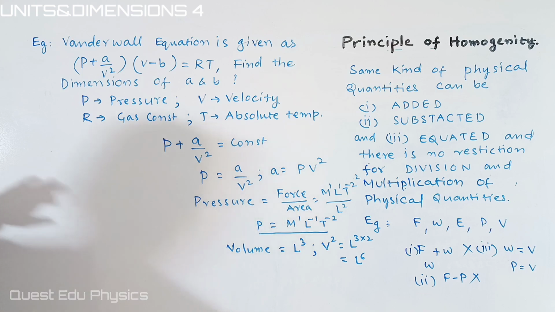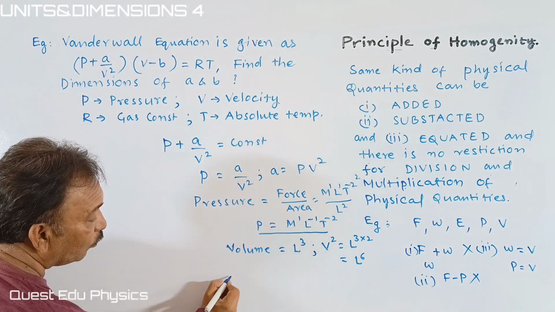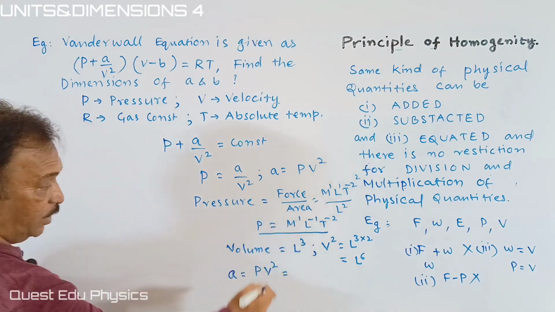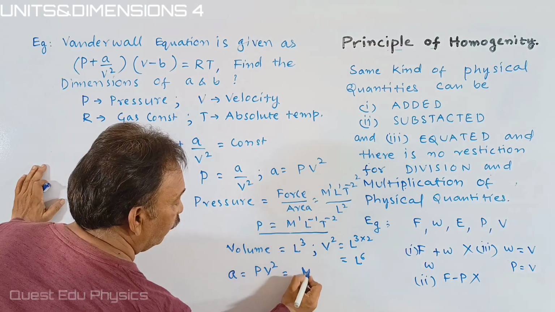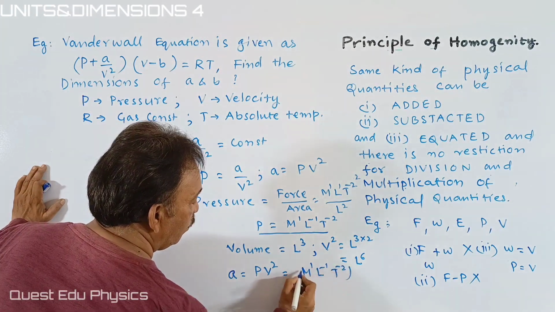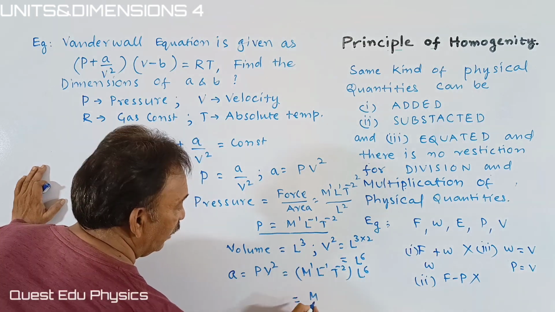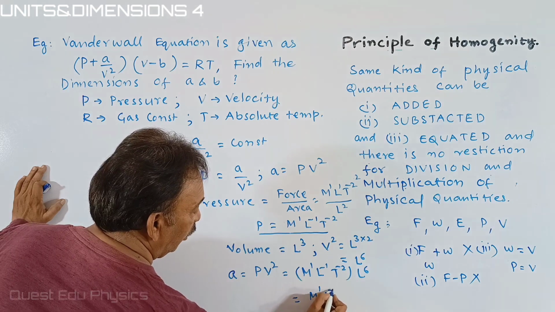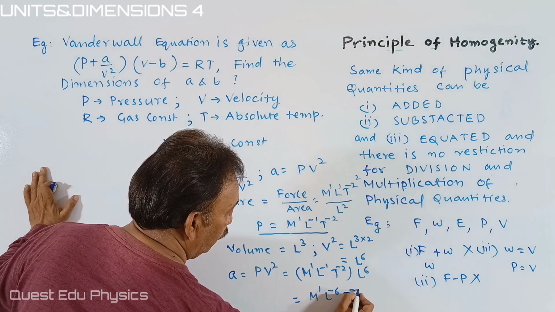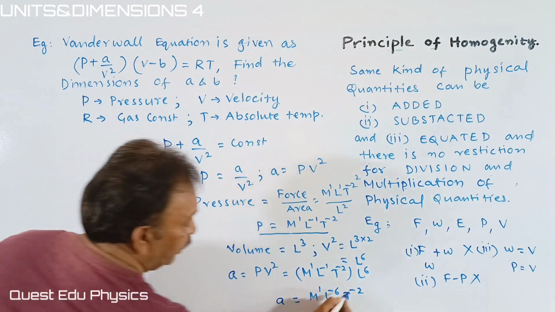Now we write the dimensions of A, where A is equal to PV squared. Pressure is M¹L⁻¹T⁻² multiplied by L⁶, that is M¹L⁵T⁻². These are the dimensions of A, students.